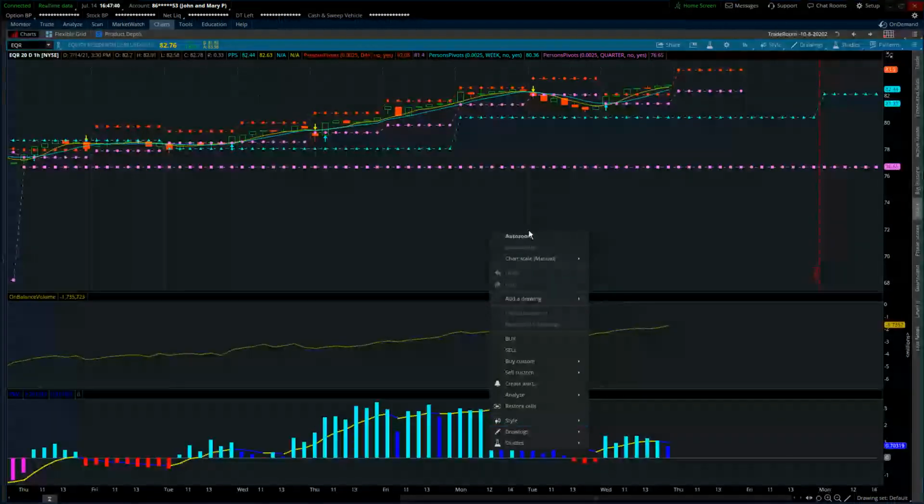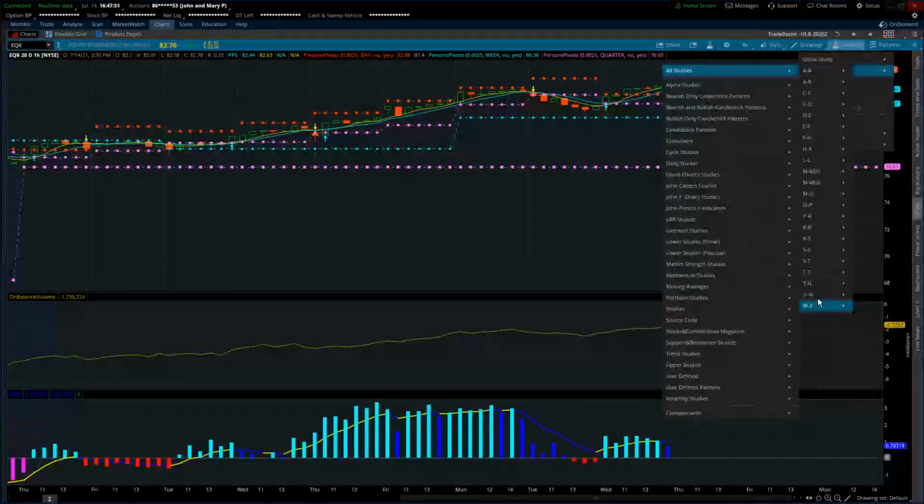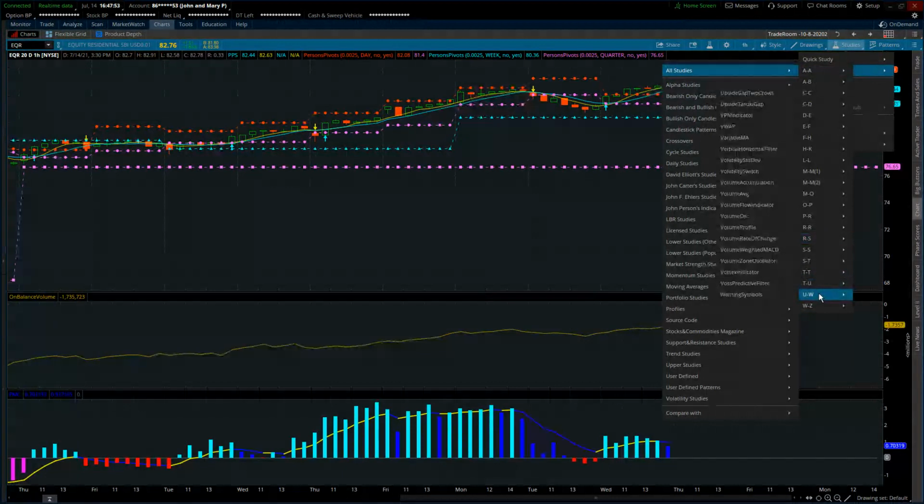It's a little easier than Genesis because I remember you doing it pretty well. You can go over to studies. You could add a study, and I believe all studies go to V for volume. I'm sure it's V for volume. Volume should be, where's volume?